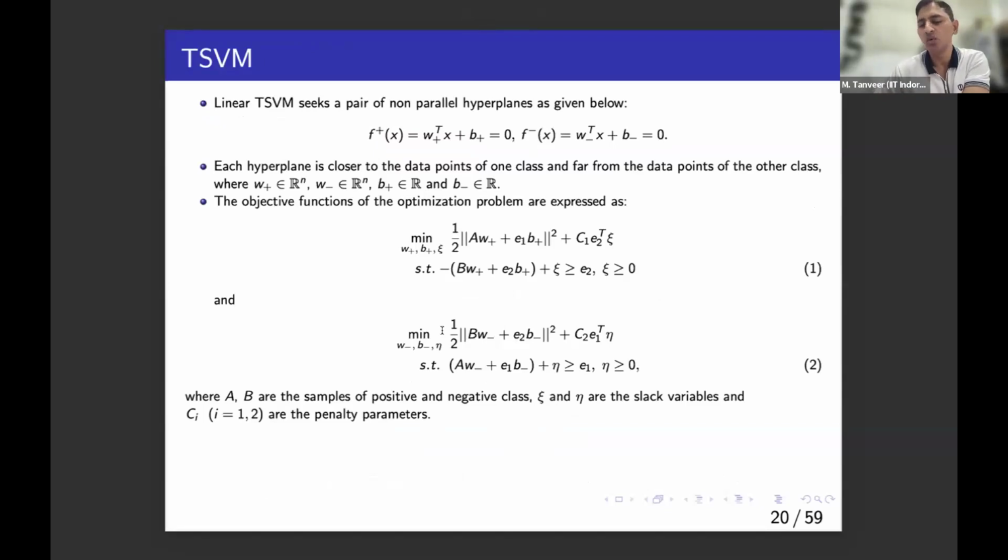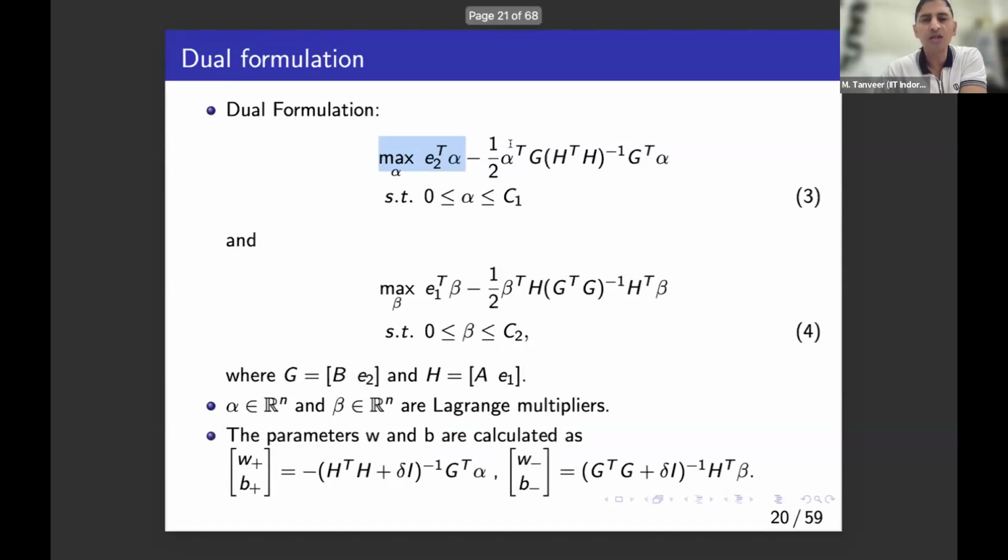Due to that, those issues are automatically resolved, and this is coming out to be like H transpose H plus C3 I, and here also G transpose G plus C4 I. C3 and C4 are some parameters, so we tune the parameters. But in this case, we have fixed delta. Delta is some fixed number.